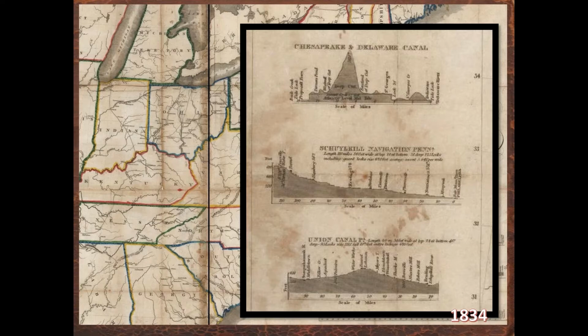So looking at maps, and this is true whether you're looking at 1760 transportation routes or whether you are looking at 1960 transportation routes, you want to make sure that you're focusing on maps that are pertinent to the period that you're doing your research.